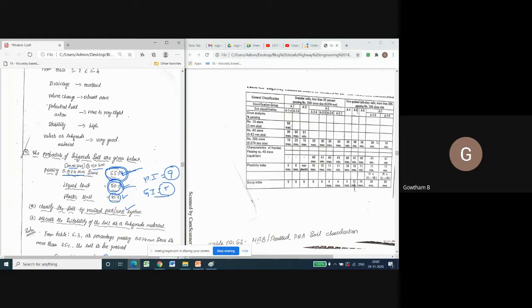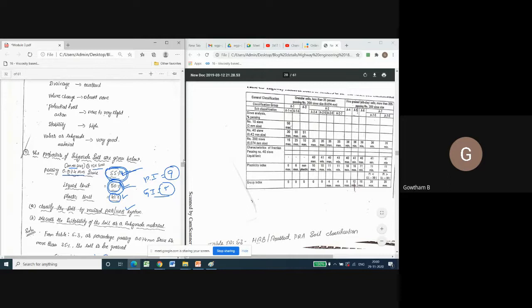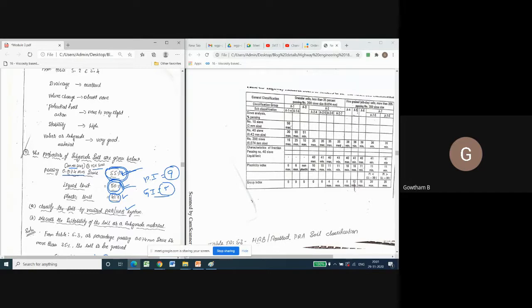For A7, again 36 is the minimum. So the minimum percentage of soil passing through the 200 micron sieve should be 36. Ours is 55, which is more than the minimum. Maximum, no limit. Therefore, definitely our soil belongs to either A4, A5, A6 or A7.